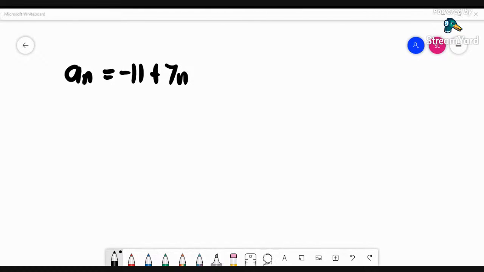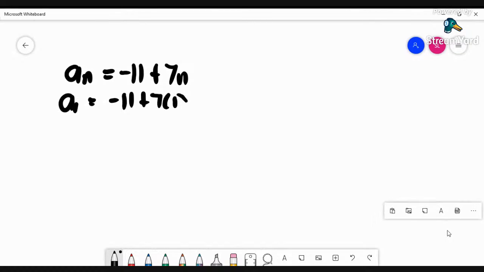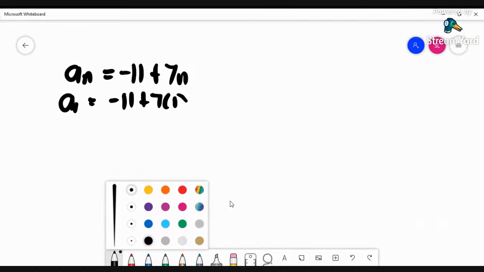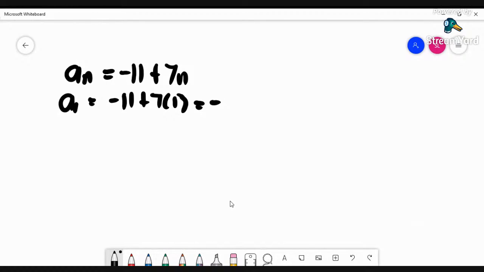So if we are going to find the first 5 terms, we can have our a sub 1, which is negative 11 plus 7 times 1. Seven times 1, which is negative 11 plus 7.